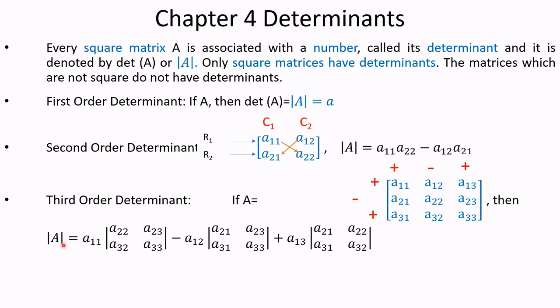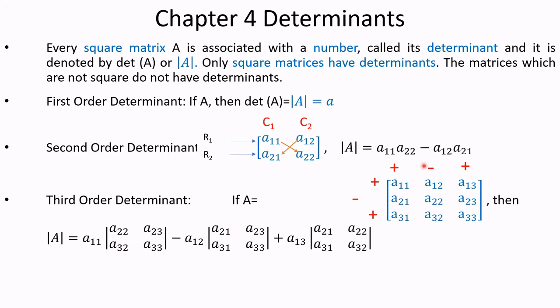To repeat, determinant A is equal to A11 into the minor A22, A23, A32, A33. While calculating, we cancel the row and column where the element exists, and the remaining 4 elements are taken as shown.